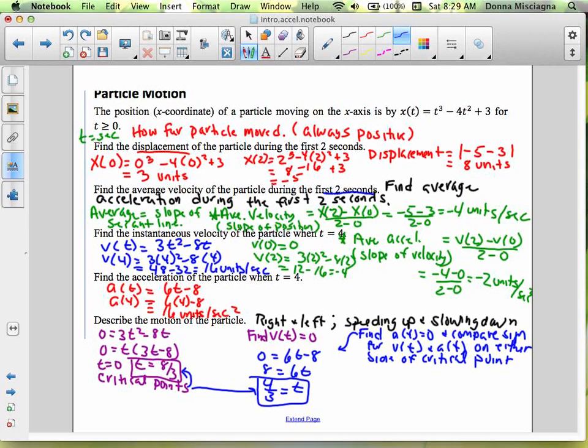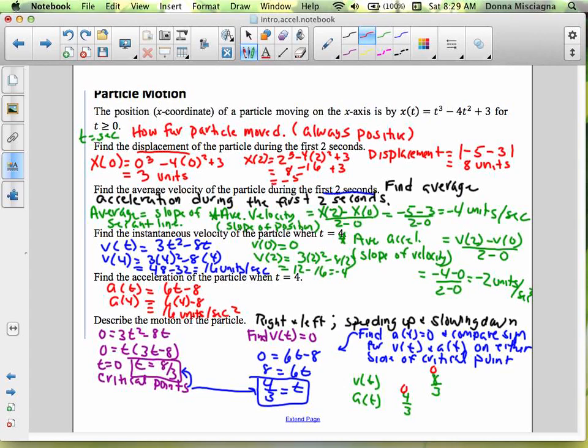So now let's create a sign chart. We have v of t and we have a of t. For v of t, we're going to need to worry about the point 8/3, and for a of t, we're going to need to worry about the point 4/3. Now, these are zeros for each of the two functions respectively.